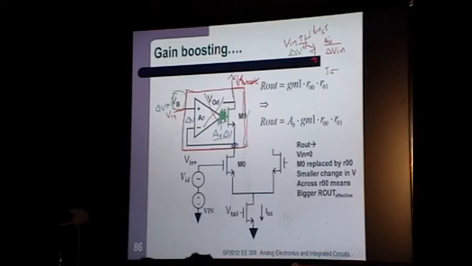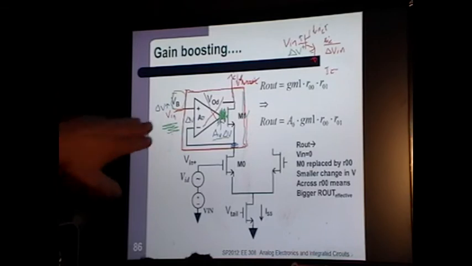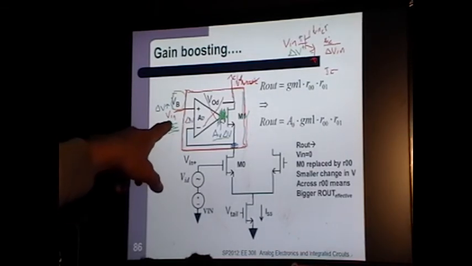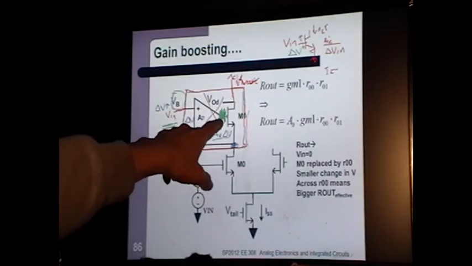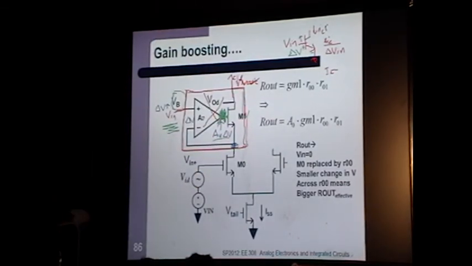And remember, it's the change in current over the voltage in that gives you transconductance. So over here you changed V in by delta V and you got some change in IC. Over here, with this amplifier in there, you change it by the same delta V, but you get a much bigger change in current because the base voltage is actually moving way more than delta V. So if you just had this black box right here and you change it by delta V, you'd see a much bigger gm than you would with a single transistor.